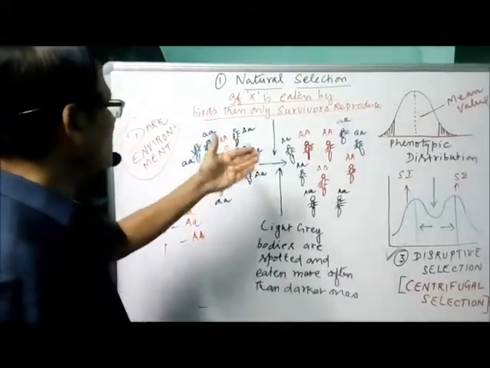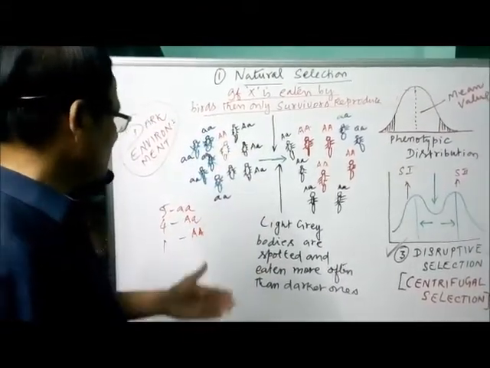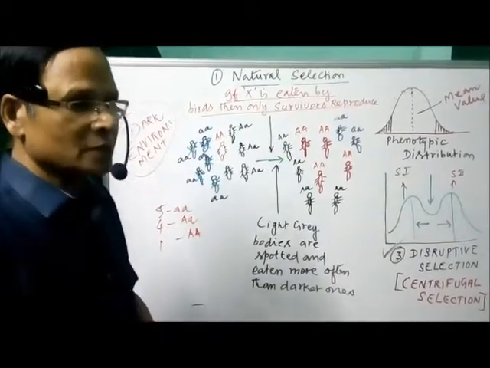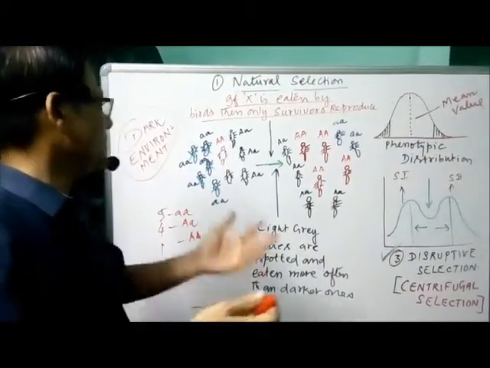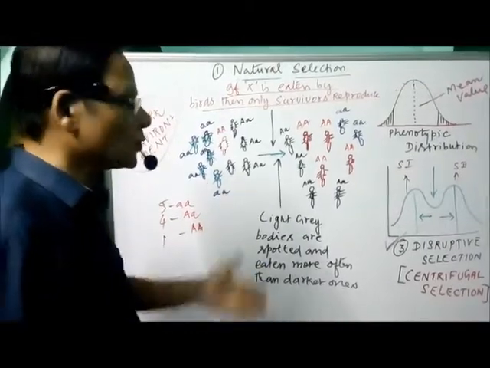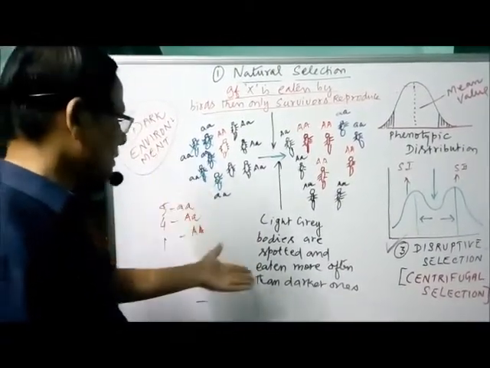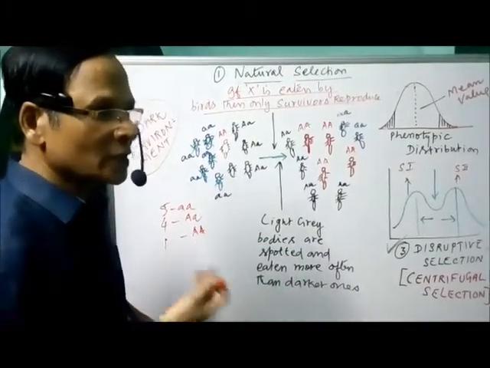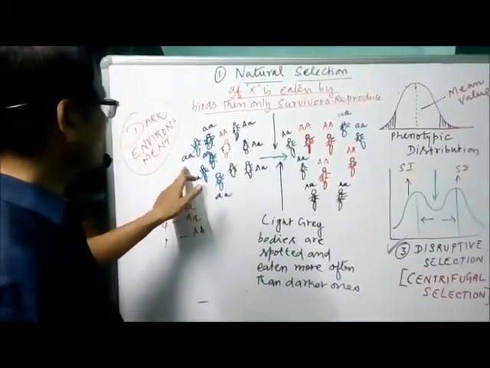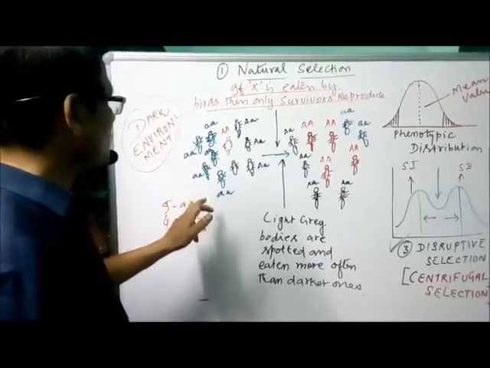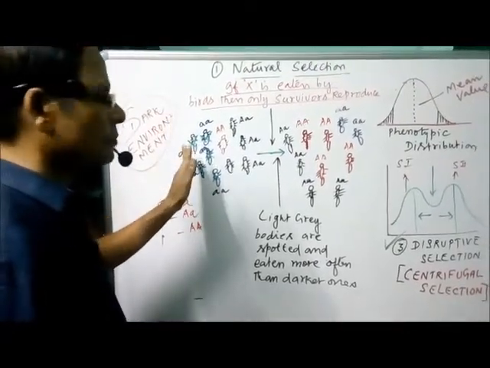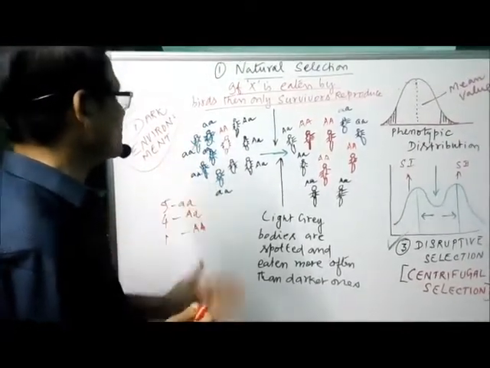So in the dark environment what would happen? The light grey bodied beetles are eliminated because they are spotted and eaten more often than the darker ones, because the background is very dark. So the grey or light colored ones are normally eaten by the birds. So they are simply eliminated from the population.